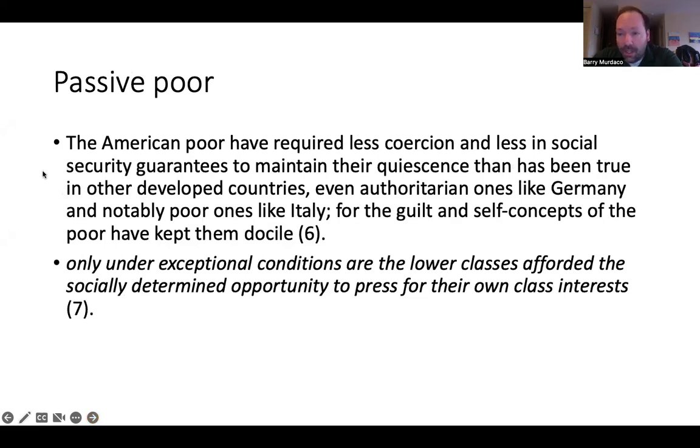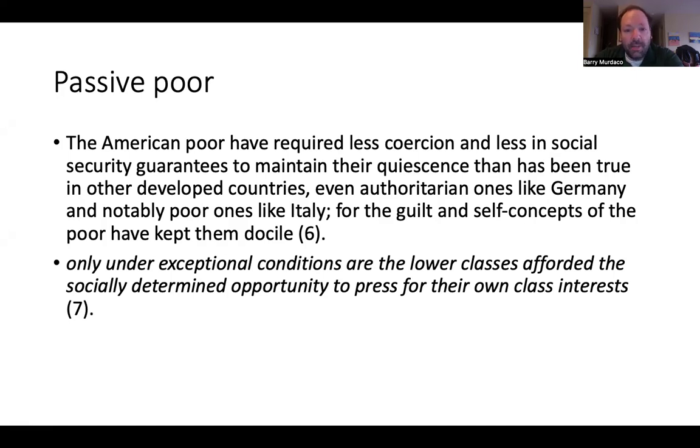Now, even though they focus on social movements of the poor primarily, of course, you have to acknowledge that for the most part, the poor, they kind of single out the poor in America also, usually tend to be extremely passive for the most part. This is probably true universally, maybe, but they do place sort of extra emphasis on poor people in the United States.